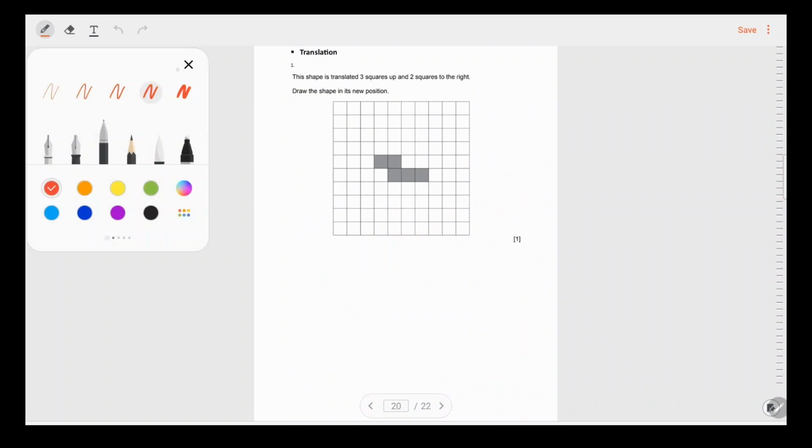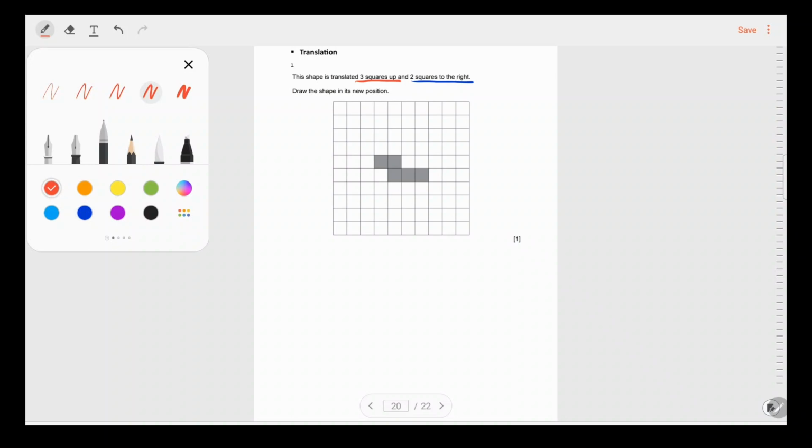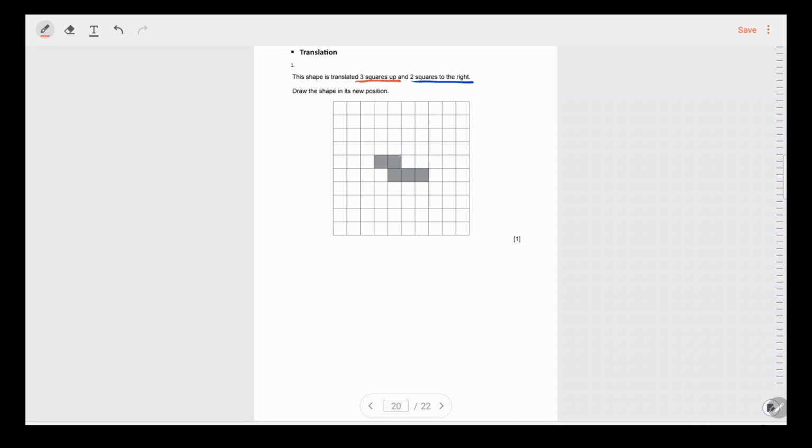The next topic is translation. So here we are supposed to translate this shape 3 squares up and 2 squares to the right. So 3 squares up. You can select any point you like. So I'll just select this point. 3 squares up means 1, 2, 3.